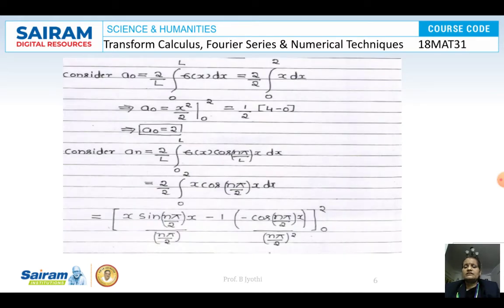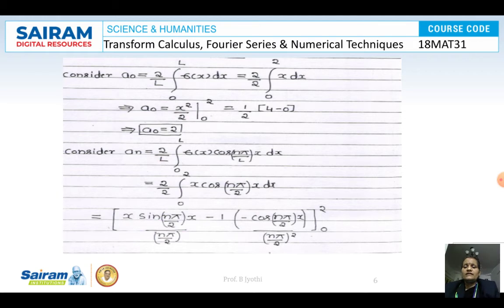Let's consider the a0 formula, which is given by 2 by L integral 0 to L f of x dx, where L value is 2, so it is replaced with 2, and f of x is given by x. On integration of x, we get x square by 2 and limits are 0 to 2. Therefore, half times of 4 minus 0, which on simplification we get a0 is equal to 2.